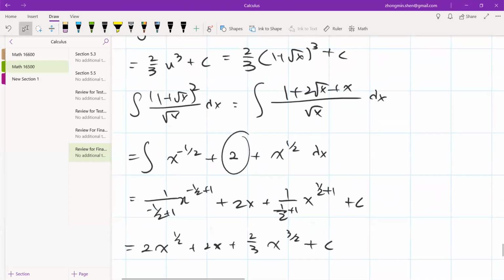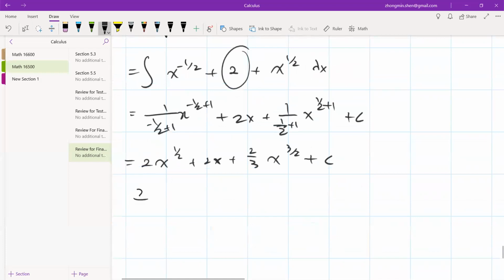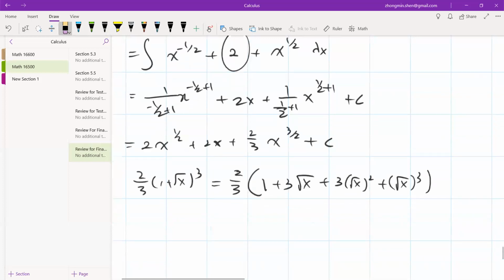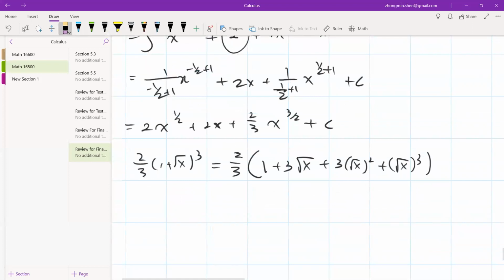But they're similar. I won't tell you why this is similar to that. So you get 1 plus the cube root of x, plus the cube root of x squared, and plus the square root, no constant. When you multiply this out, you will see that this is the same answer because the 3 cancels out, and then this will be 2x.